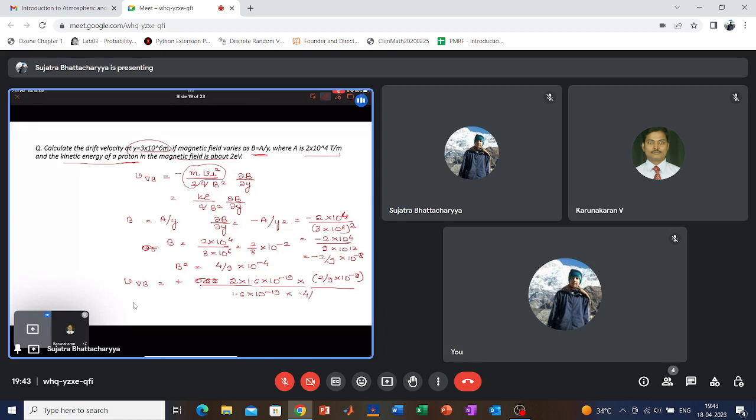So it is 4 by 9 into 10 to the power minus 4. So this 1.6, this is gone. So what you have is about, so it's 2 by 9, 2 into 2, 4 by 9. So it's completely gone. So now what is left behind is about 10 to the power minus 4 meter per second.